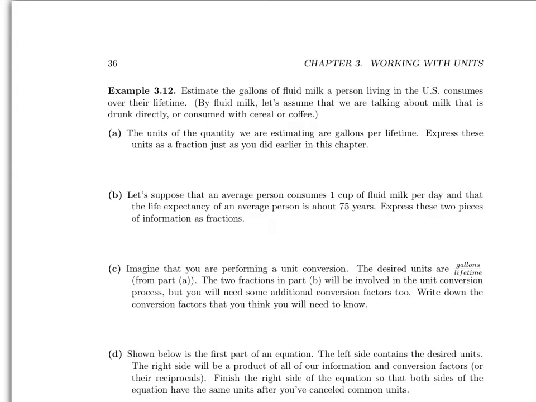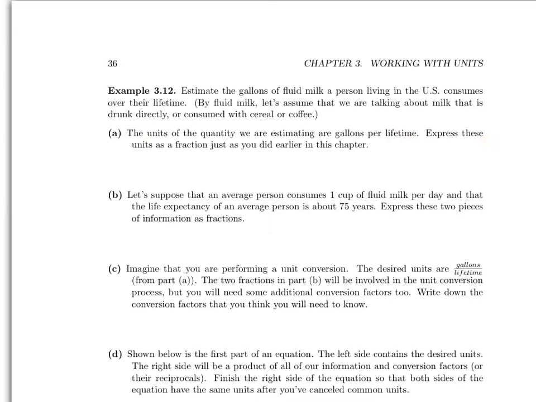This is an example of making a back-of-the-envelope estimate. To do this, we're going to use a 5-step process, and we're going to introduce it through the various parts of this example. So let's start by looking at Part A. Part A will end up being step 1 of this process. The units of the quantity we are estimating are gallons per lifetime.